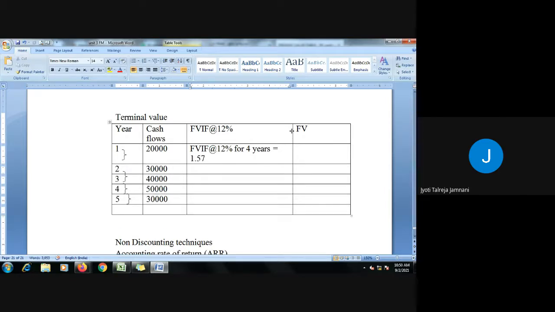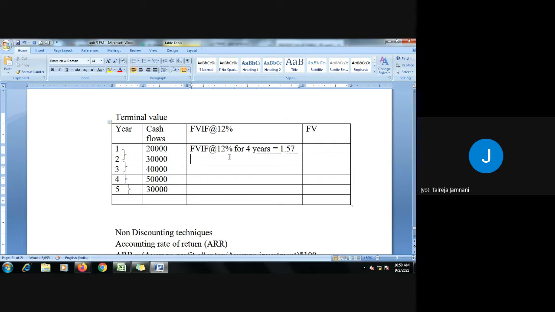Okay, similar way we will find future value interest factor at 12%. Now it will be for 3 years. Okay, that is from 2 to 3, 3 to 4, and 4 to 5. 3 years only.